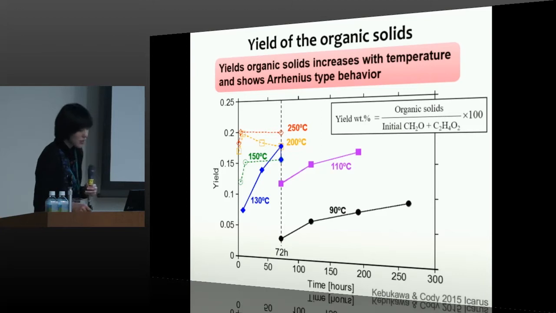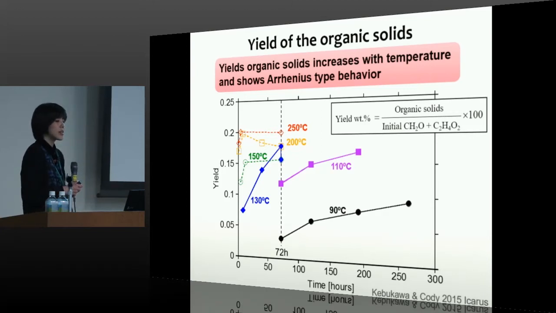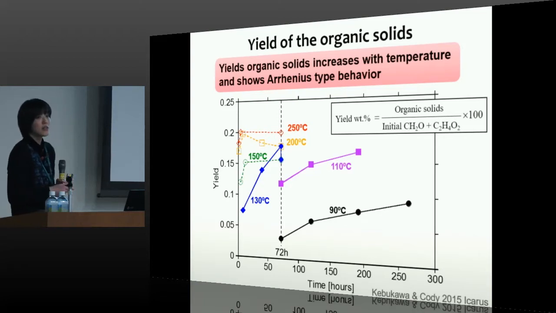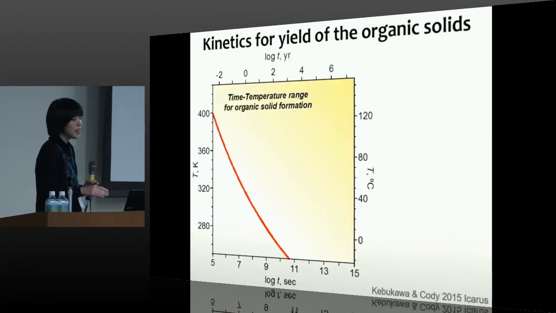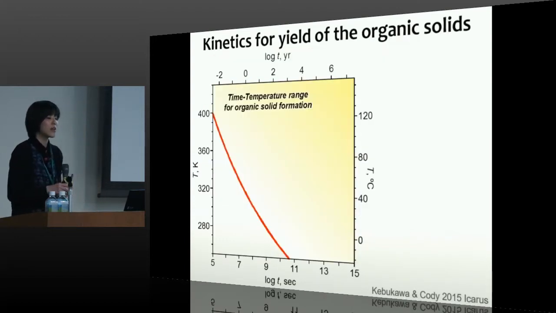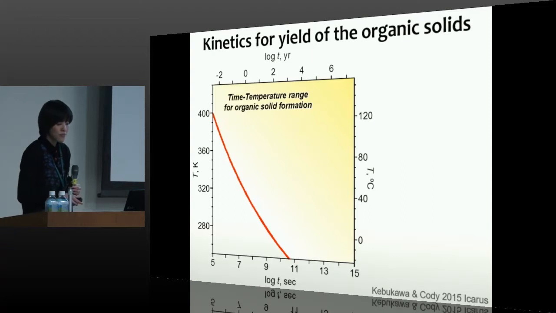First, looking at the yield of the organic solid, it increases with temperature and time. Actually, it acts like Arrhenius type behavior, so we did a kinetic analysis of the yield of the organic solid. This is a time-temperature diagram for organic solid formation.